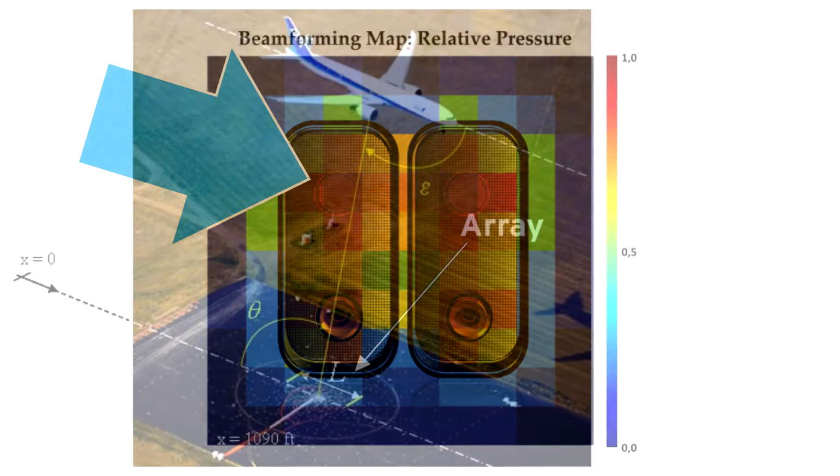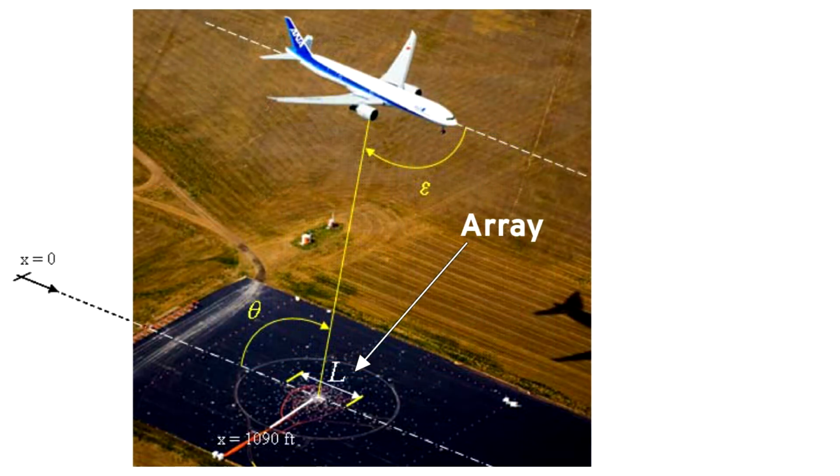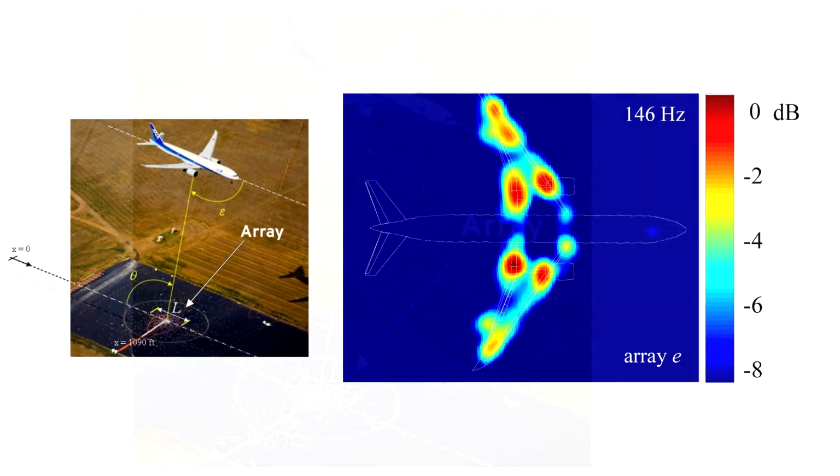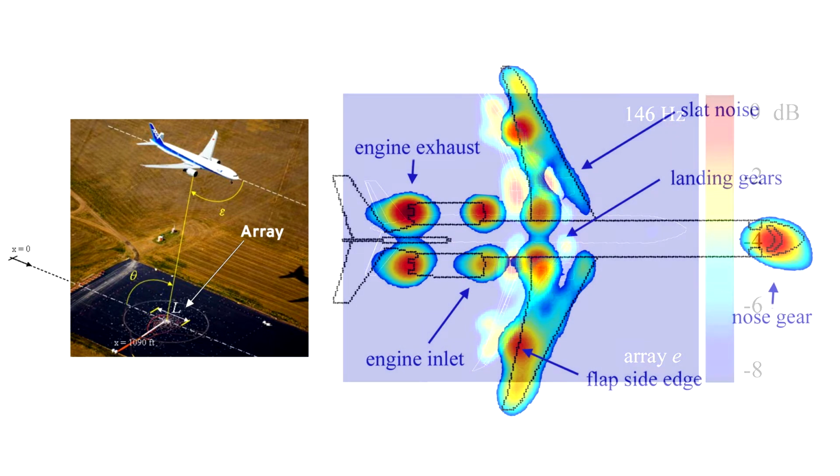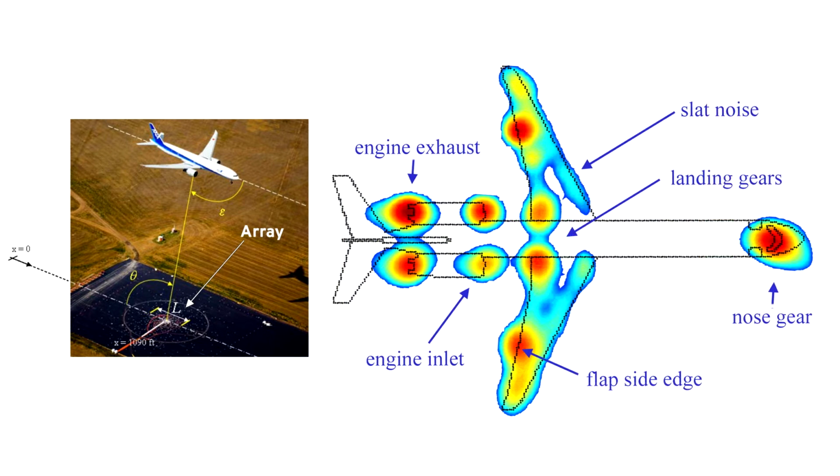The technique has already been applied for external noise identification in aeroacoustics, for example, creating pictures which depict the radiation of the sound sources for each band of frequency and in different conditions. Here you can see the flight test configuration and the results of two airplanes.